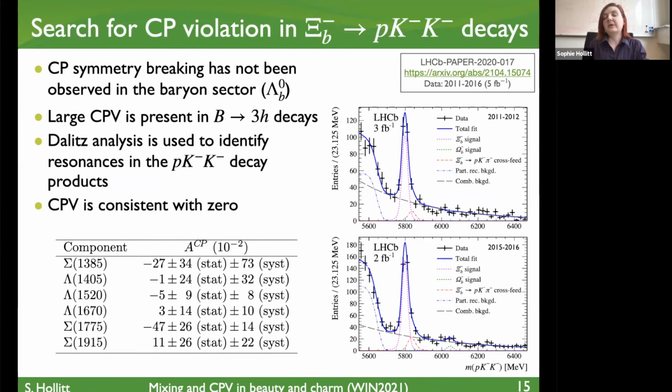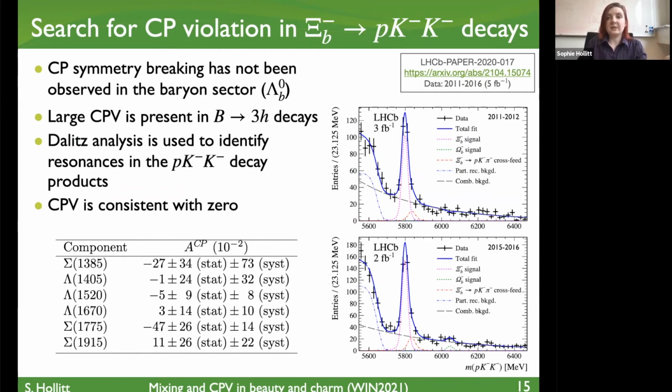Last but not least, for CP violation in beauty, we have this search for CP violation in the Chi-b goes to proton K K decays. So symmetry breaking has not been observed in the baryon sector at all yet. A large CP violation is present in B goes to 3 hadron decays though.